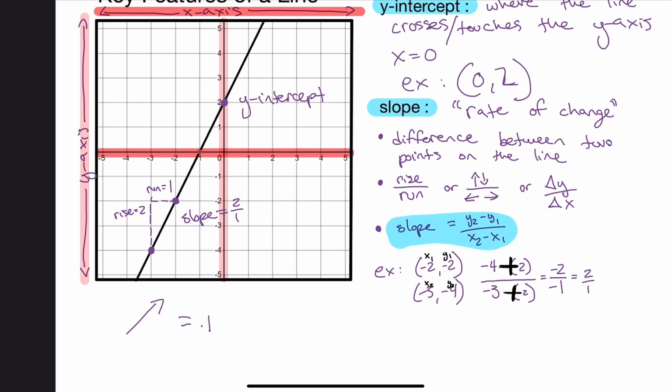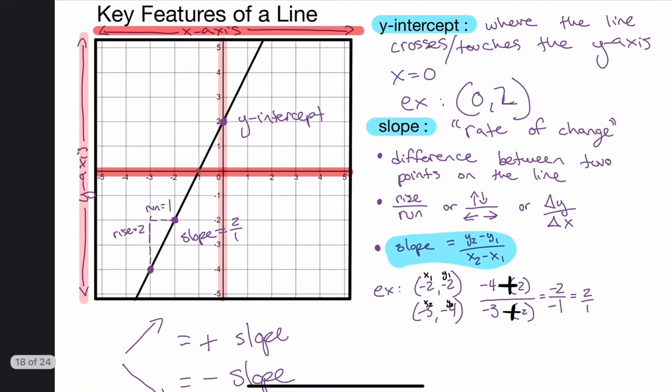That's going to mean we have a positive slope, just like we've checked. Then a negative slope would turn down. We would have a downward arrow if we have a negative slope.